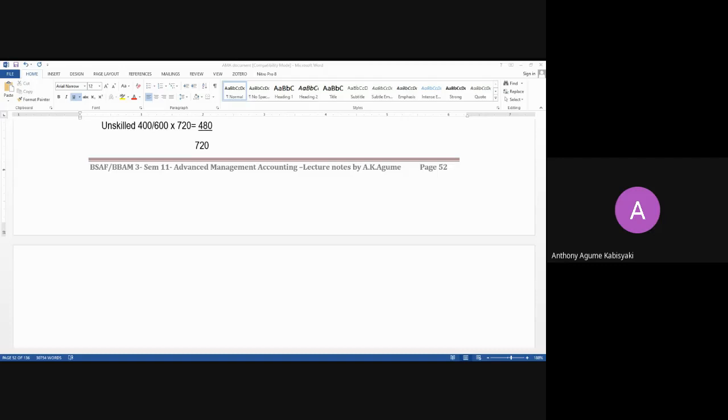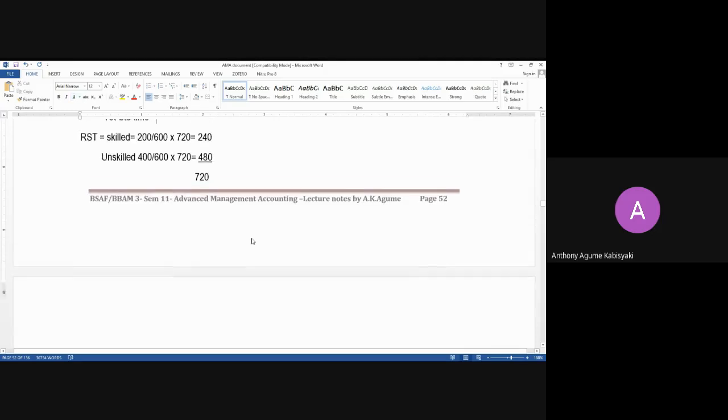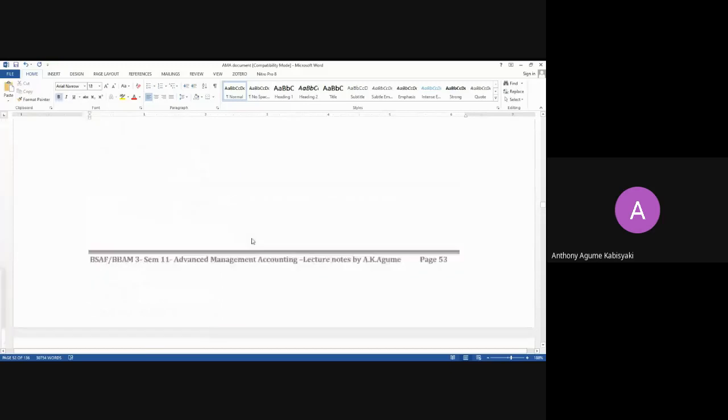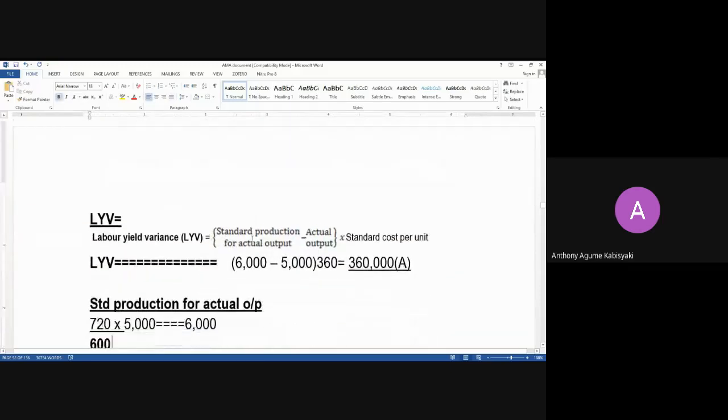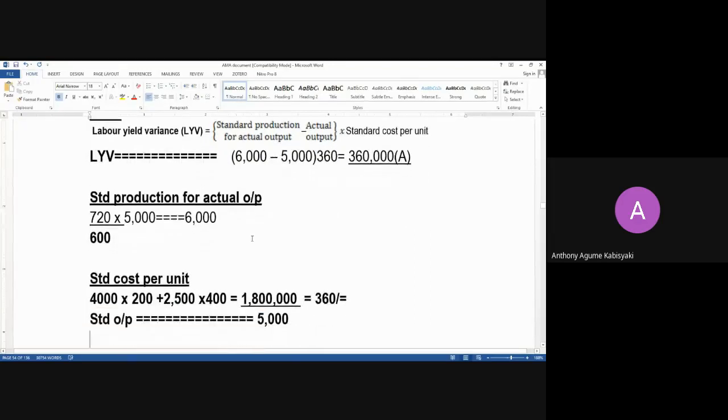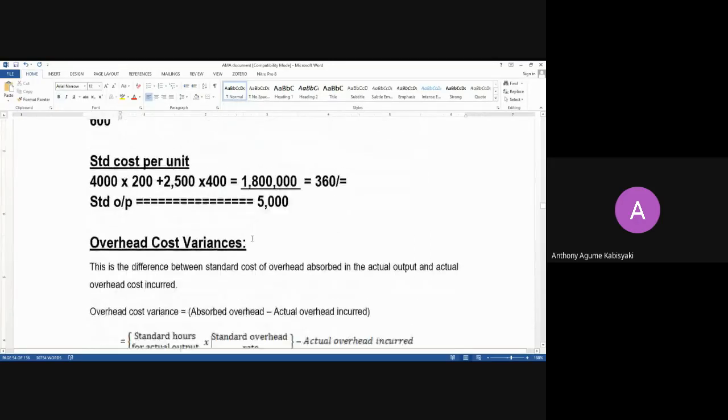If you get your labor mix plus labor yield, you should get labor efficiency. In other words, if you compute labor efficiency and you find that when you add yield and mix you don't get labor efficiency, then there is an issue somewhere which you need to correct.